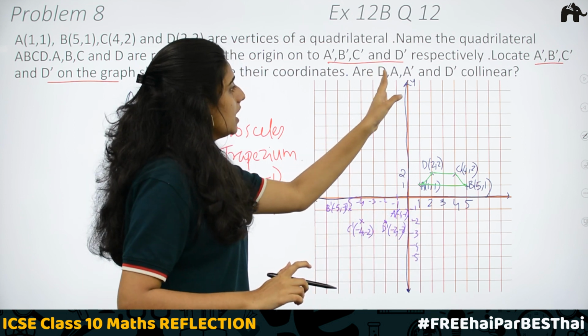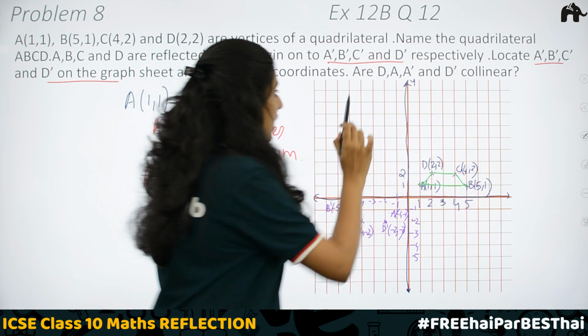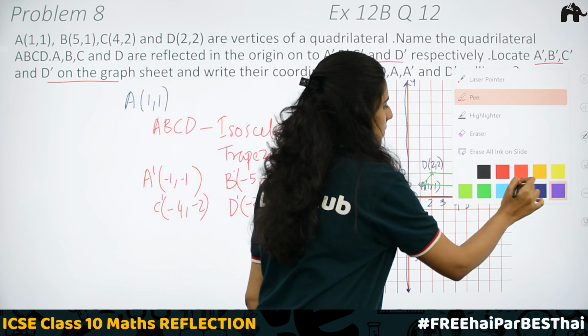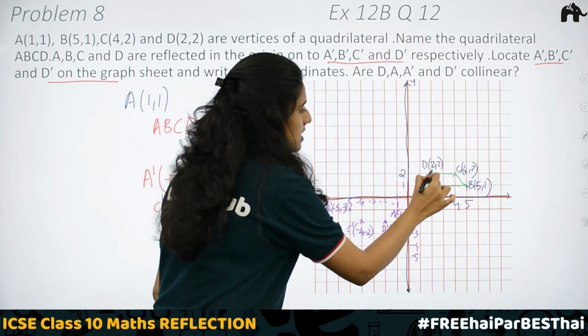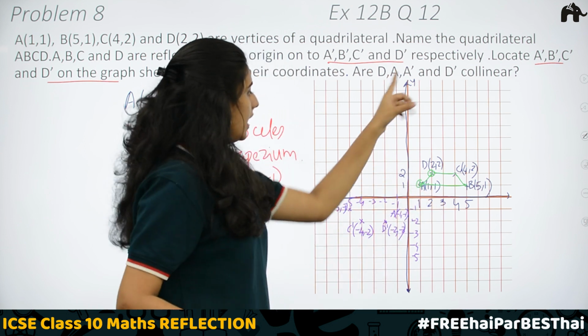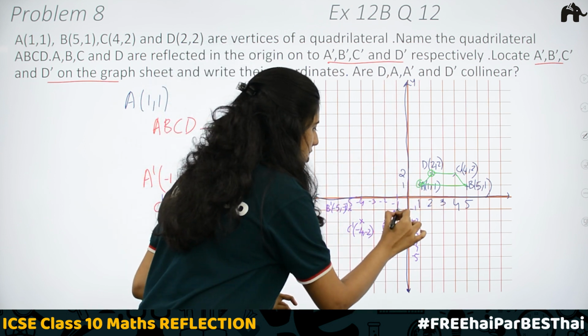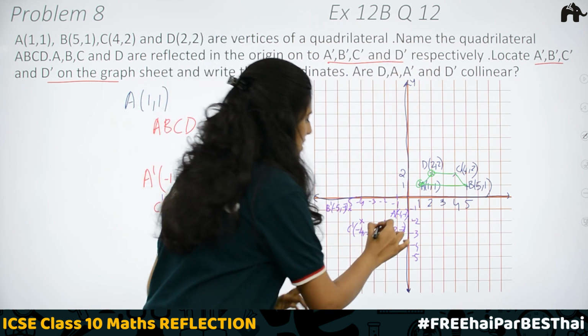Are D, A dash and D dash collinear? Here we have D, then A, then A dash, and D dash.